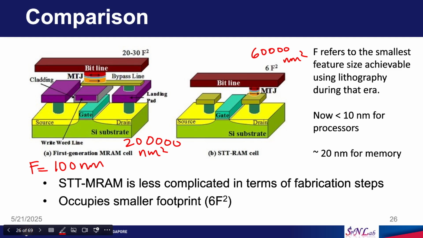Secondly, look at the device. This looks quite simple. You have a bit line, the current flows through, quite simple lithography. But if you look at this one, it looks very complicated.